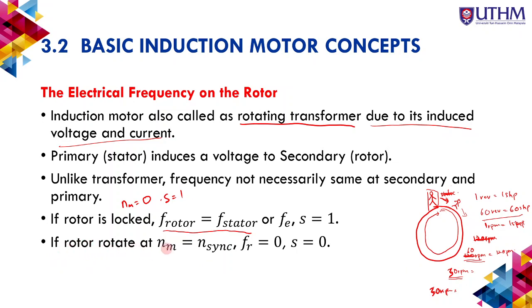If the rotor rotates at Nm equal to Nsync, the frequency will be 0. For example, this person moves at 60 rpm, same as the other person, 60 and 60. They will never catch up because they are moving together, so they never meet to slap. So the frequency will be 0, and S is equal to 0.